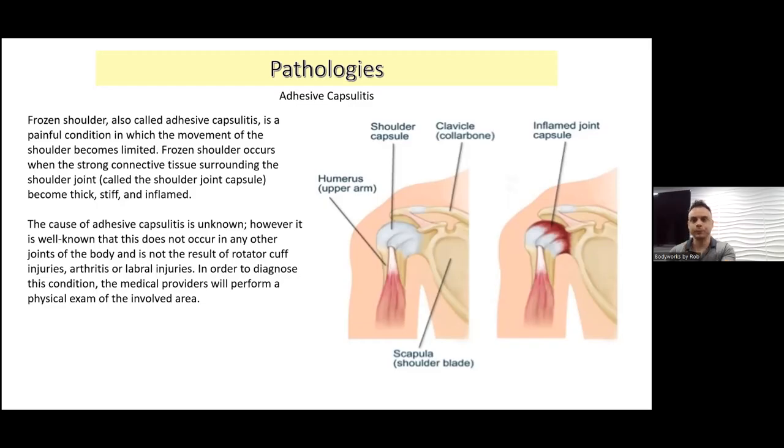Other instances could be an injury to the area, especially if it was in a sling and immobile. There could be several causes in that regard, as well as some sort of damage or infection in the joint itself.